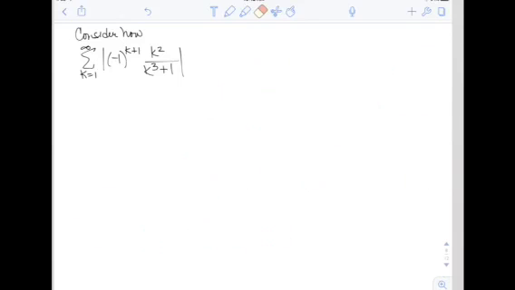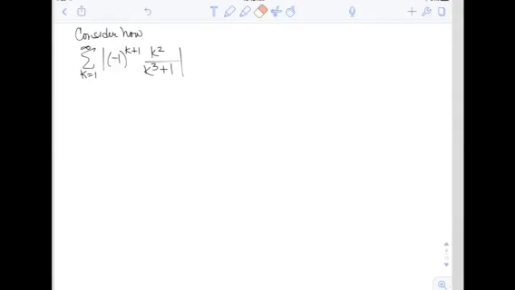Now, if we consider the same series, but I take the absolute value of this, now what happens? Again, we have a similar issue where the alternating part becomes obsolete. If you're taking the absolute value of a negative value, it's obliterated.